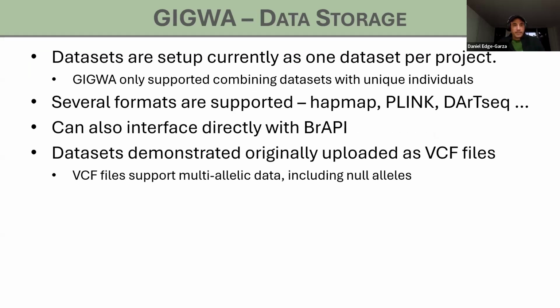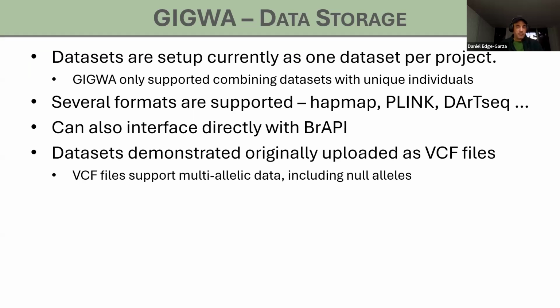The data sets that I'm going to show you for the Rosaceae group are currently set up as one data set per project. That was because when I began curating and putting these data sets up, GIGWA only supported combining data sets with unique individuals, and it was always giving error after error if I tried to upload additional data to the same individual after I'd already uploaded it.